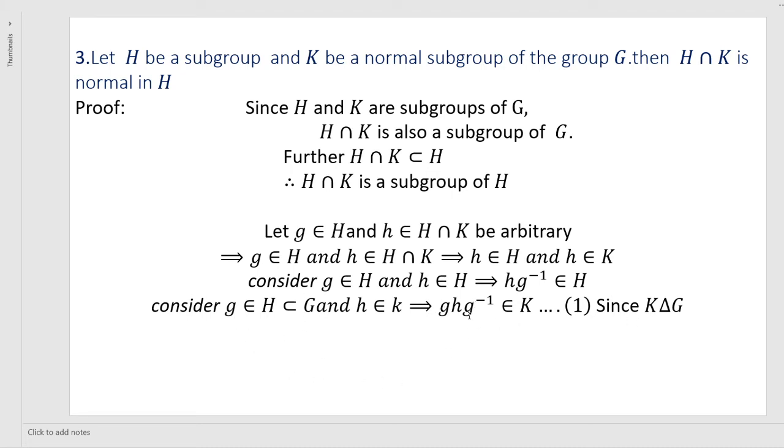Now, for the remaining term, we have to prove g h g inverse belongs to H also. Then we can conclude that g h g inverse belongs to H intersection K, which means H intersection K is normal.